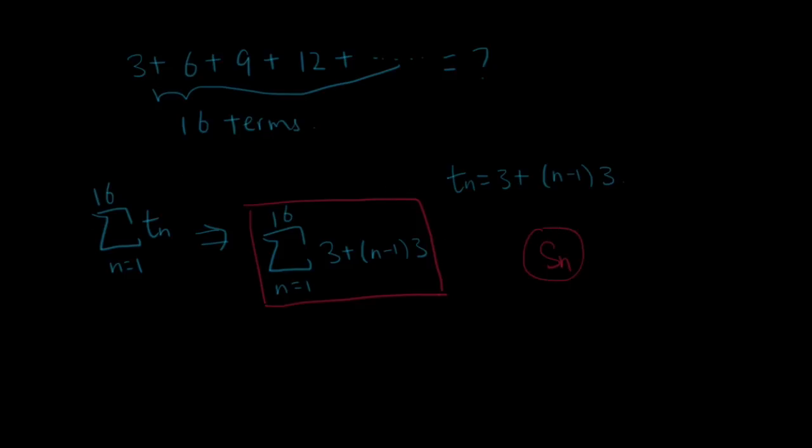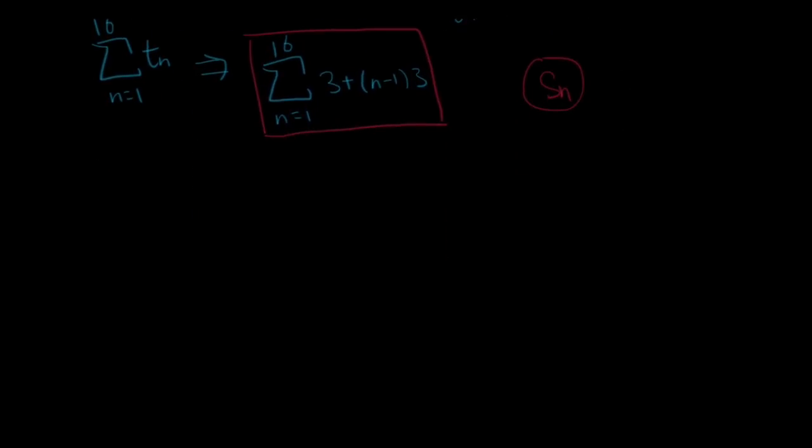So now let's do an example with the geometric series. For example, if we have 3 plus 6 plus 12 plus 24 plus all the way, and we have 15 terms over here.